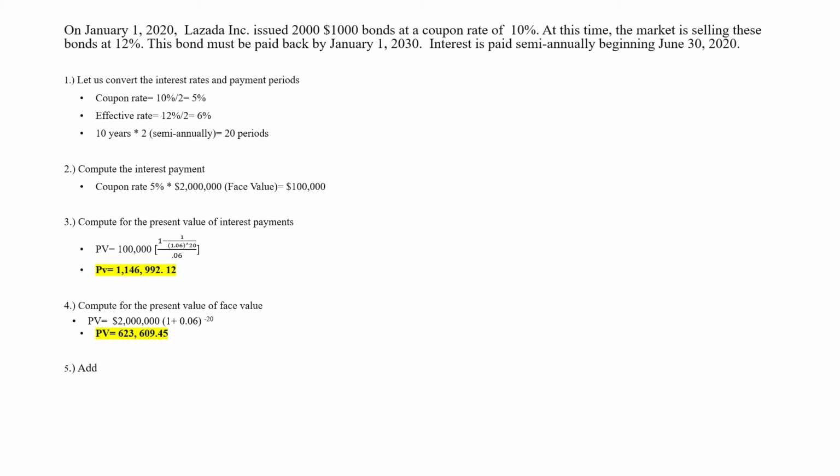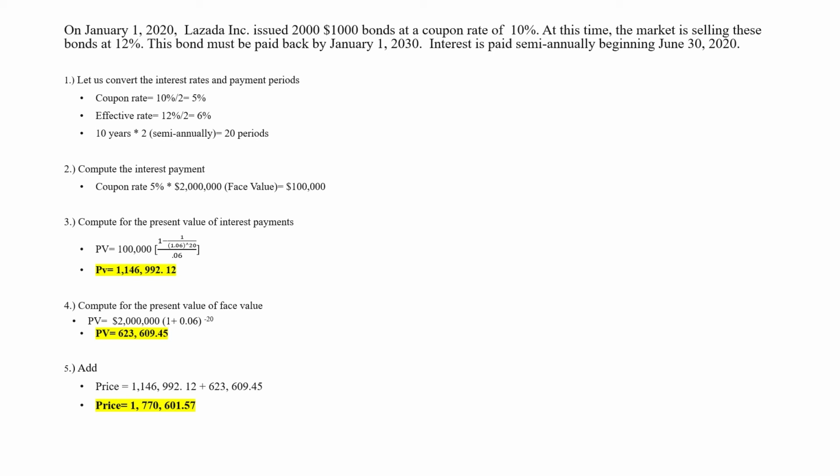Ultimately, we add both the present values and we acquired the price of $1,770,601.57. So, indeed, it is selling at a discount because it is way below the face value of $2 million.